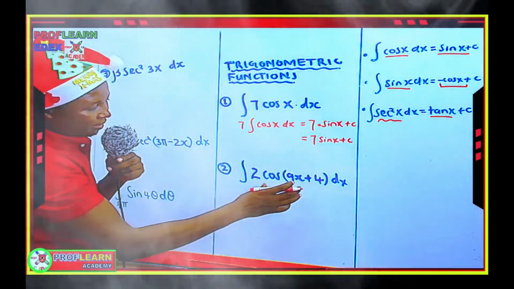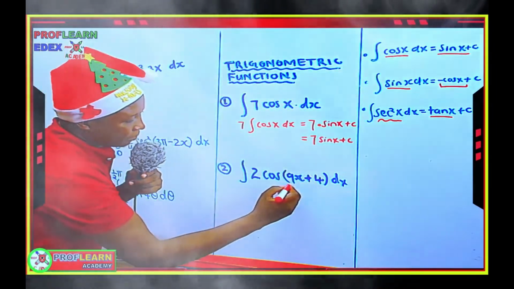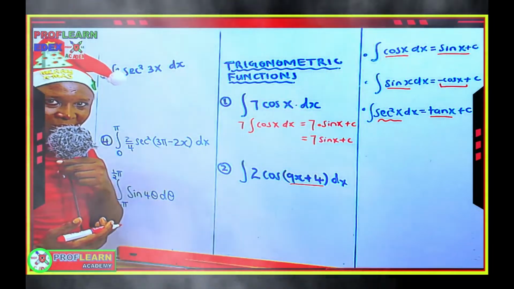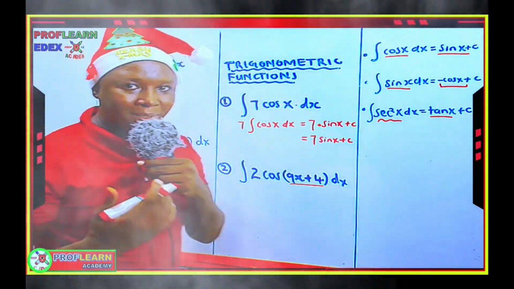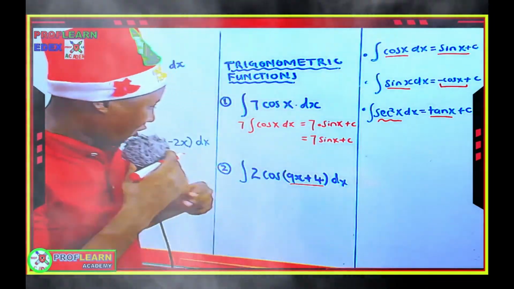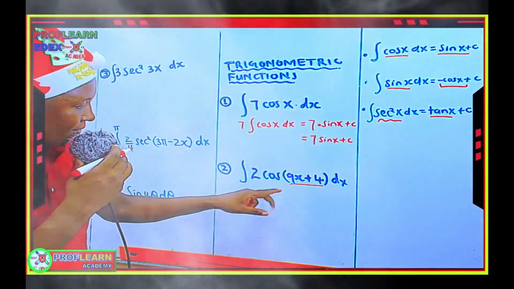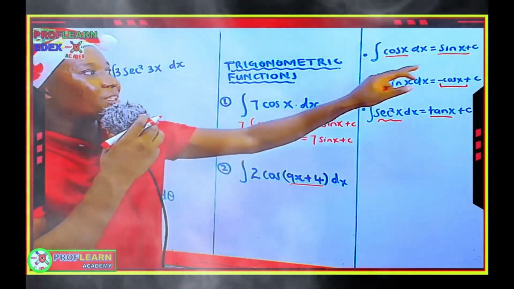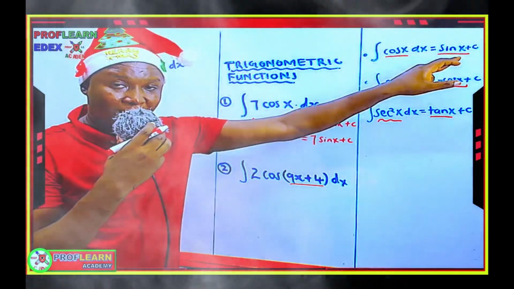If you're given an expression like this one, how are you going to work it out in order to perform this integration? First, you need to remember that integrating cos, you are going to get sine.